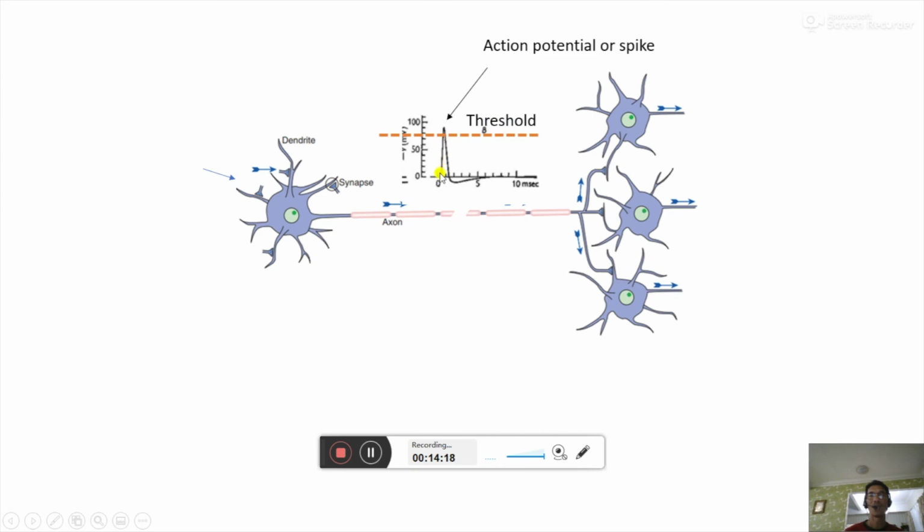It doesn't count. When it is not counted, basically this is dead. No information is passed over. Not important. Okay, that's the basic mechanism of a neuron, how it works and how it passes the information to each other.